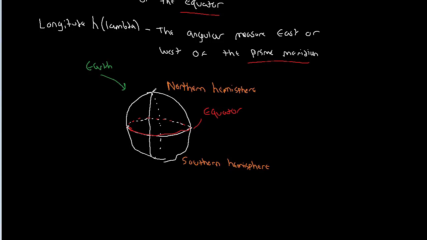Then we have this line here that cuts the Earth in half this way. So if we have that line, what we have is the eastern hemisphere and the western hemisphere.